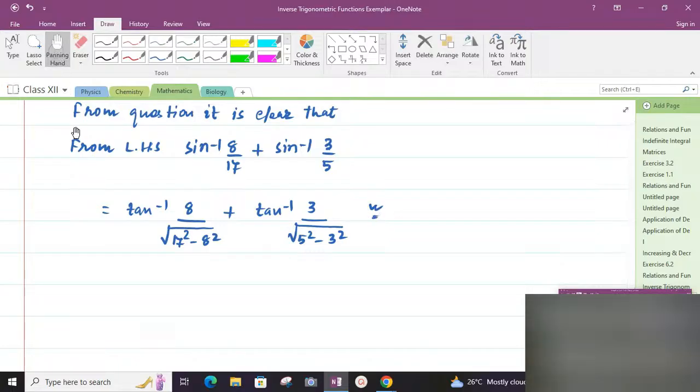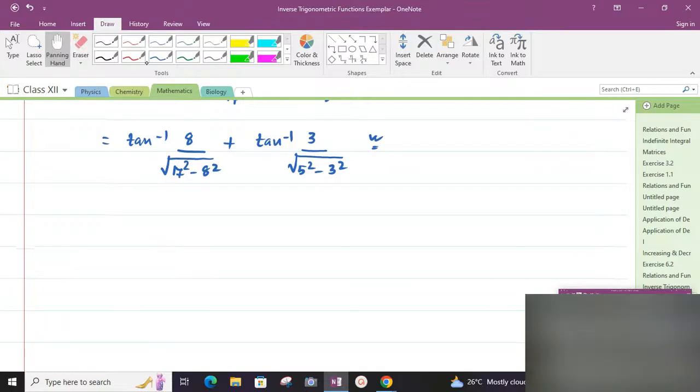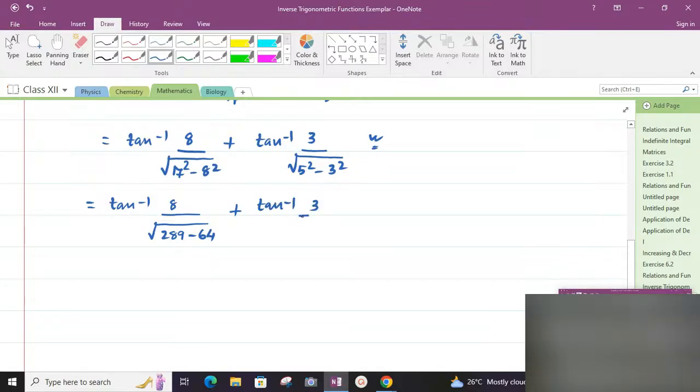Let's see the next step. It will be equal to tan inverse 8 by the square root of 289 minus 64, plus tan inverse 3 by the square root of 25 minus 9. Hope there is no problem up to this step.